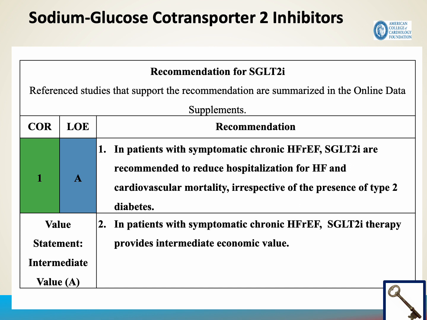They also state their value is that it offers an immediate economic value. What they're doing is not directed so much to us as providers, that's directed right to insurance companies to have them cover it.